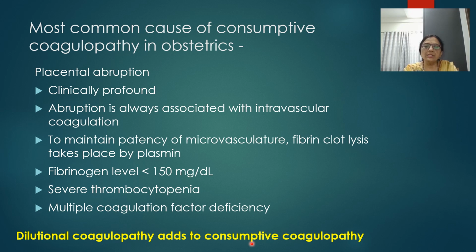If only RBCs are replaced or only crystalloids are given, it leads to dilutional coagulopathy. So consumptive coagulopathy worsens because of the mismanagement, and it leads to the addition of dilutional coagulopathy.